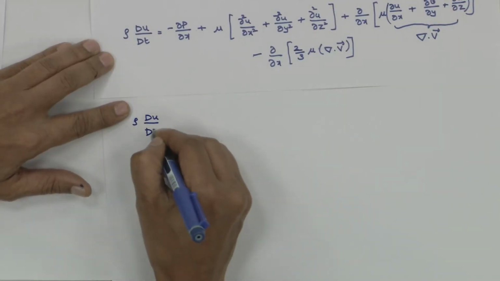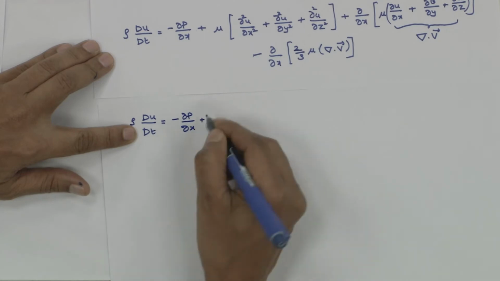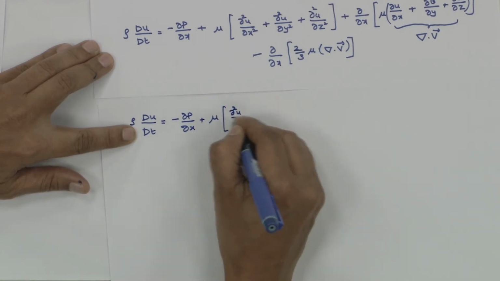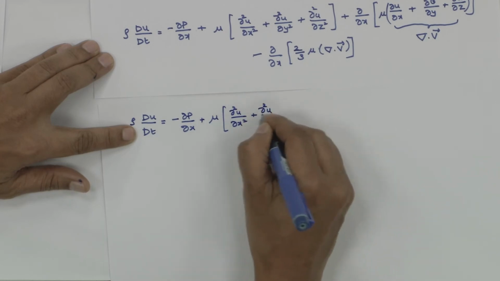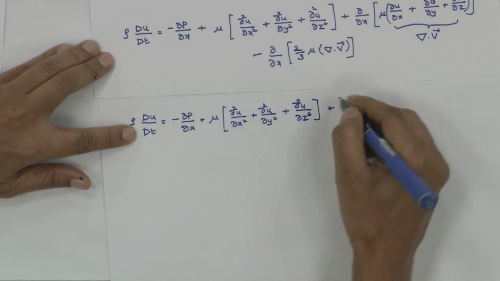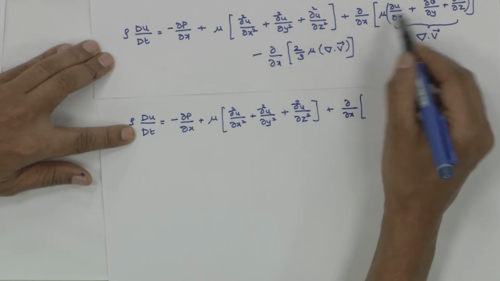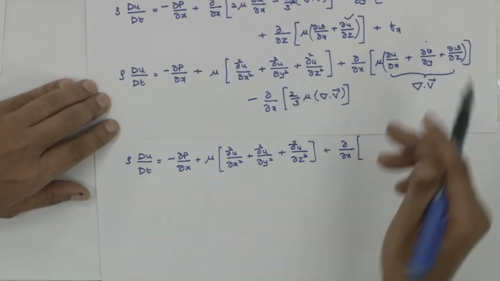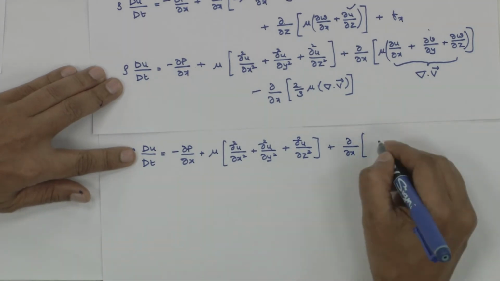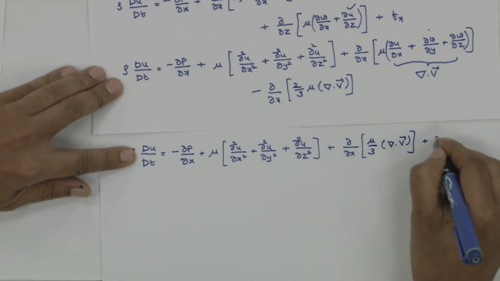So what do I get is rho du by dt is equal to minus del p by del x plus mu times del squared u by del x squared plus del squared u by del y squared plus del squared u by del z squared, plus del by del x of mu by 3, that is, as I said, 1 minus 2 by 3 is 1 by 3, so you get mu by 3 del dot v, plus fx.